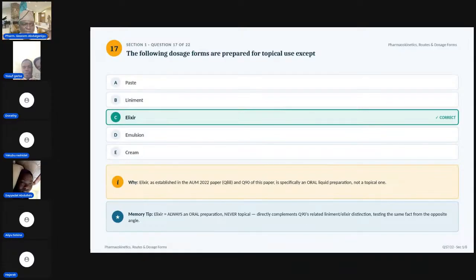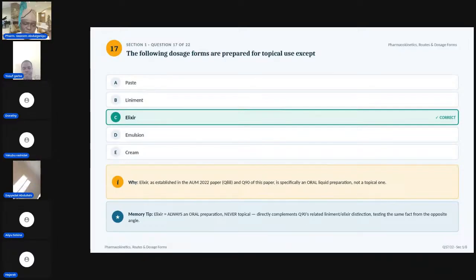So what you have here is paste, which is actually for topical use. Liniment could be for topical use. Emulsion too, we have emulsion that you can apply to a particular surface, and you can have cream too. And then elixir, that has to do with you swallowing.